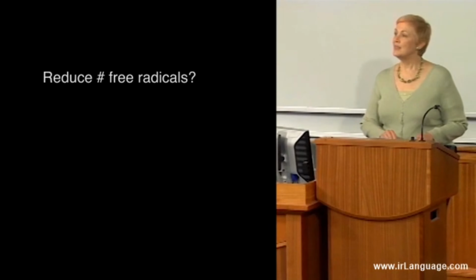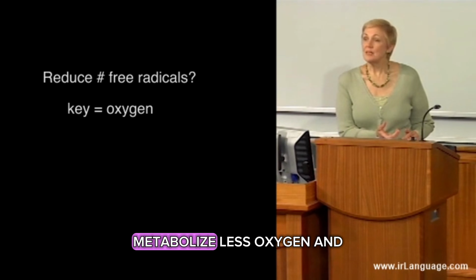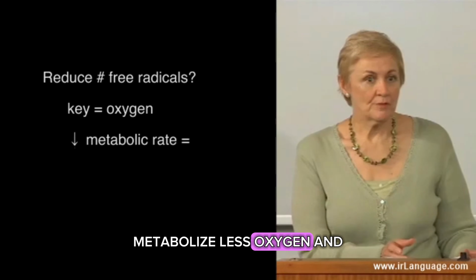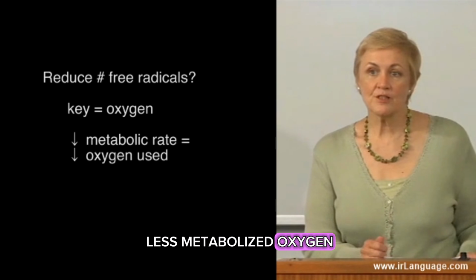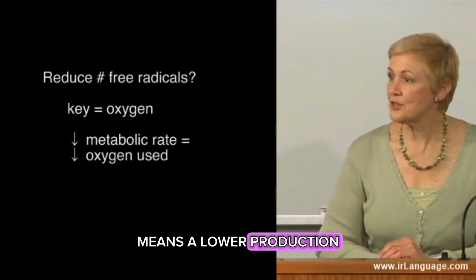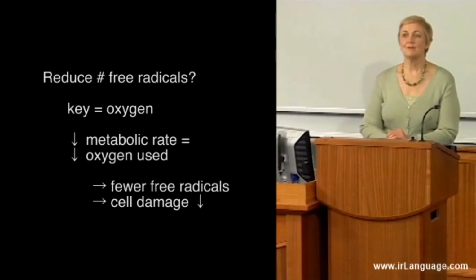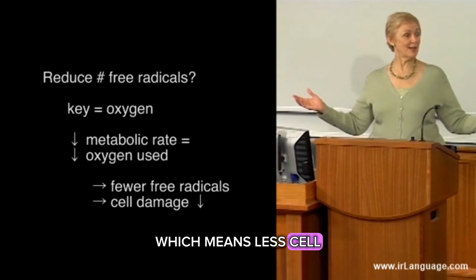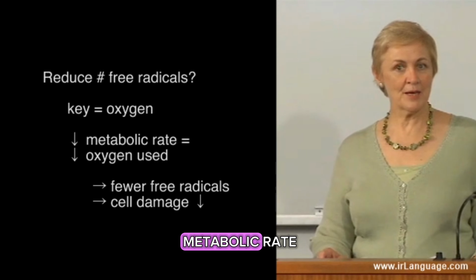Yes, and the key is oxygen. We know that animals with lower metabolic rates metabolize less oxygen, and less metabolized oxygen means a lower production of free radicals, which means less cell damage. Make sense? So note that this is a second benefit of a lower metabolic rate.